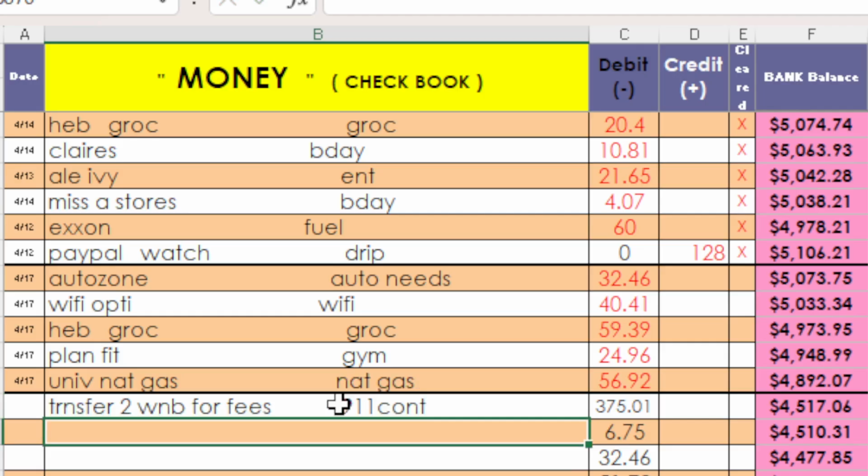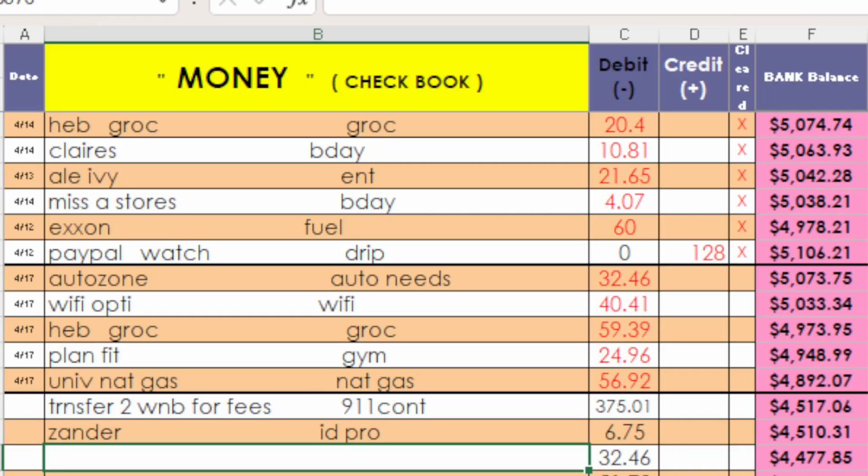Okay, and then the 675 is from a Xander, which I'm going to call Xander, and the next one is 32, which is AutoZone, and that's going to be applied to auto needs, which populated automatically.